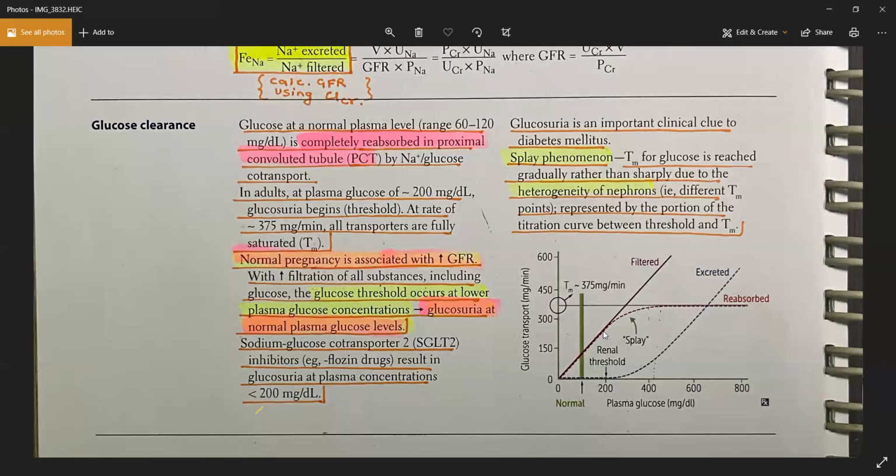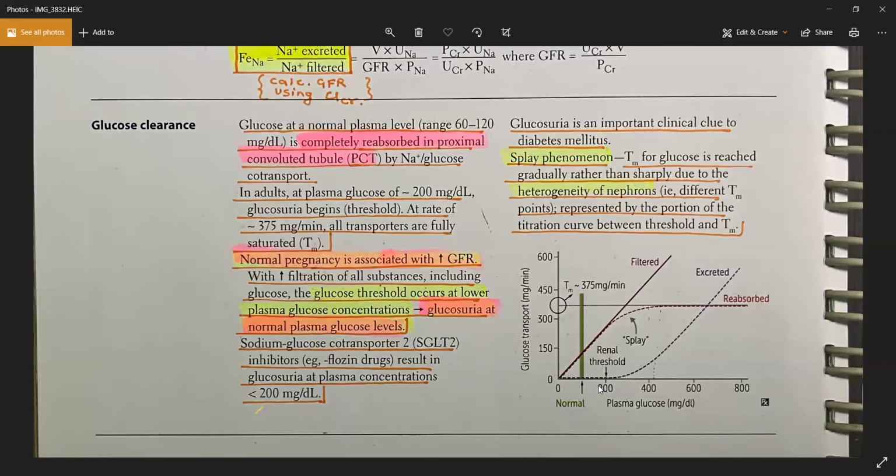Now, let us suppose the transporter that has a minimum limit for the reabsorption, in normal life, is 200. So whenever the plasma concentration of the glucose reaches 200, some of the transporters get saturated with the glucose so that they cannot reabsorb the glucose back into the plasma, and as a result, some amount of glucose started coming in the urine, right?